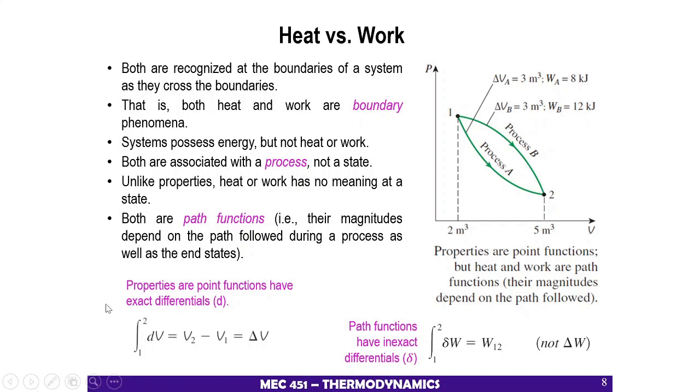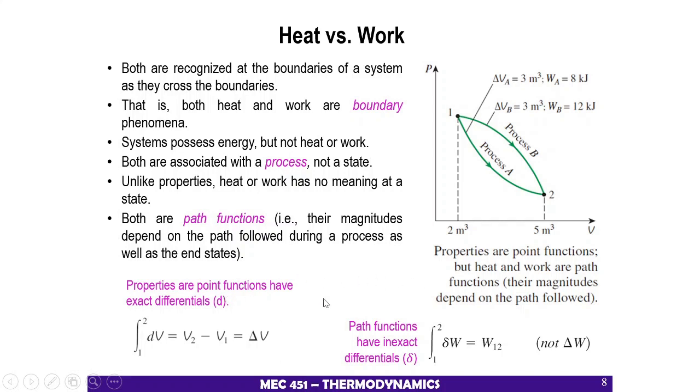Properties are point functions. They have exact differentials. From state 1 to state 2, you integrate and get volume 2 minus volume 1, so we have a change in volume.